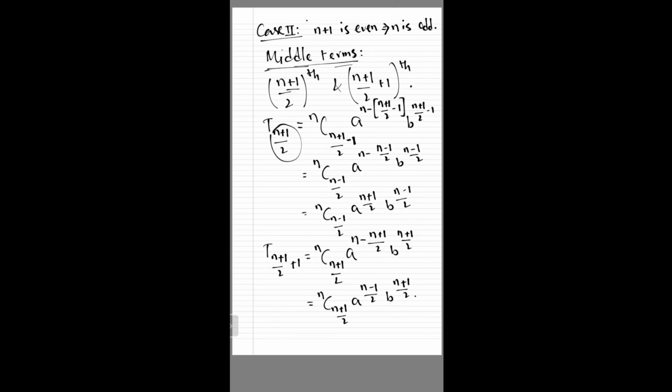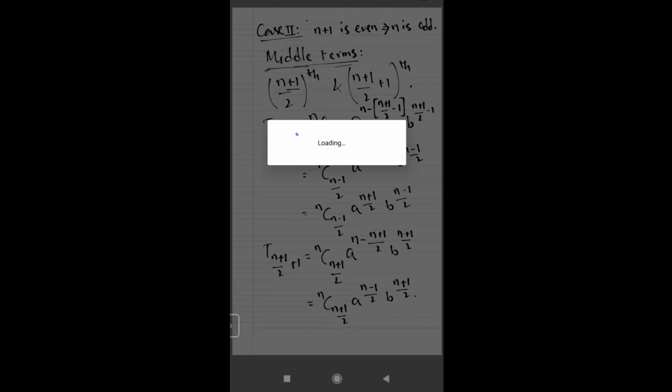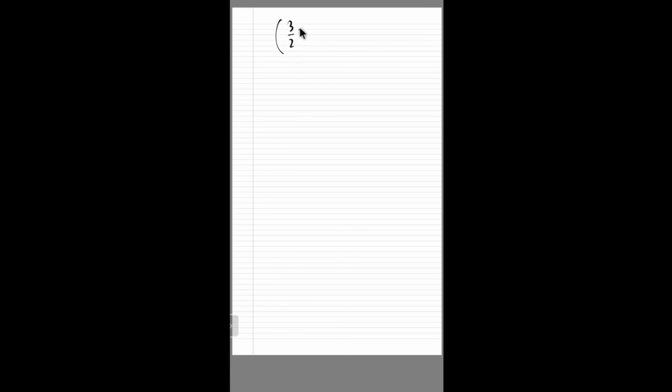Suppose we are finding the middle term for the previous expansion, like (3/2 x minus 4/(5x)) to the power 10. So n is even, that means the number of terms will be odd here. So we can easily find the middle term here.